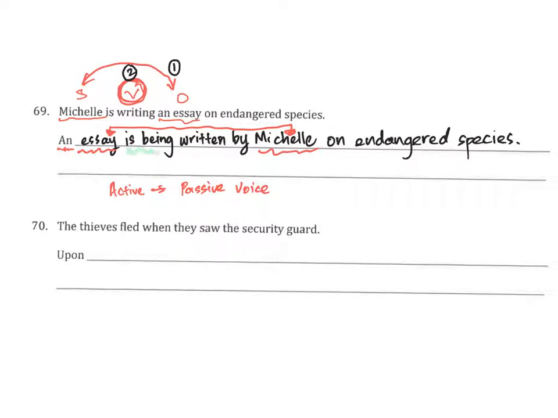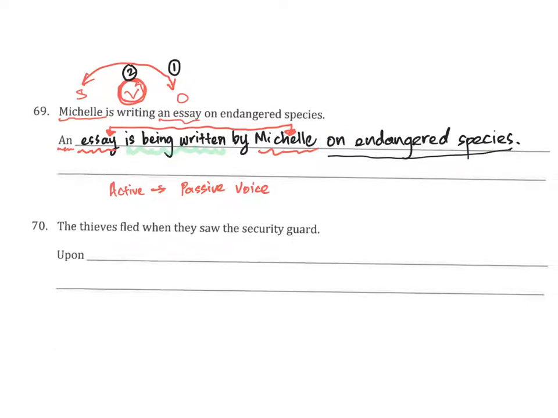But remember that if you do not add the last part here, your answer will still be incorrect. So be very alert that you do not miss out on the second and last part of your answer, on endangered species. This doesn't change, but it needs to come down from the question to the answer.